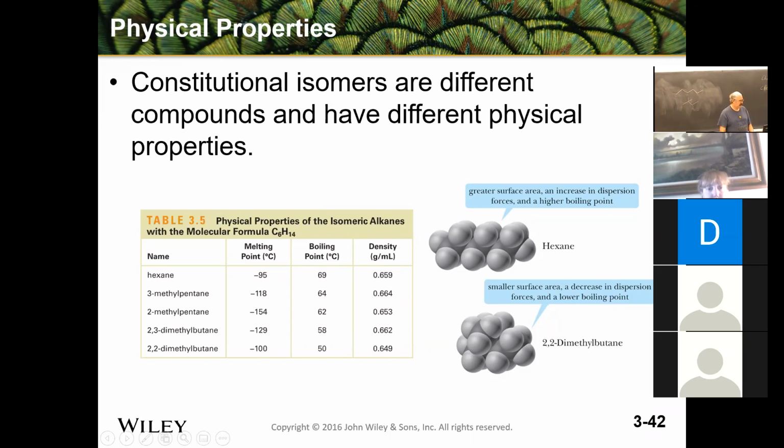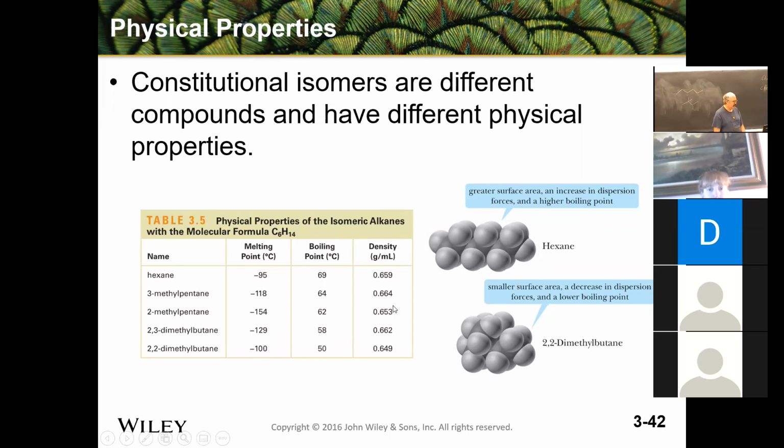Okay, so these are the different isomers of C6H14. We have hexane listed first, and notice that when we have branching, that's going to lower the melting point and the boiling point.